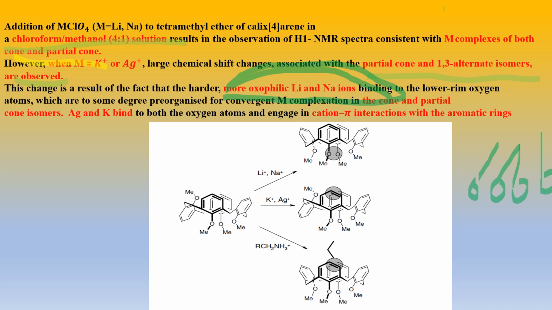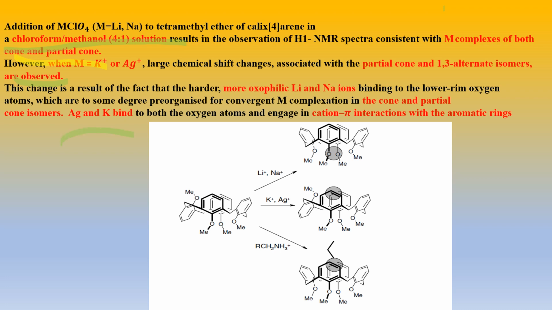If lithium prefers oxygen atoms, the four oxygen atoms automatically rearrange themselves to bind the lithium or sodium ions. Partial cone conformers are also possible for lithium and sodium ions, not only cone conformers.